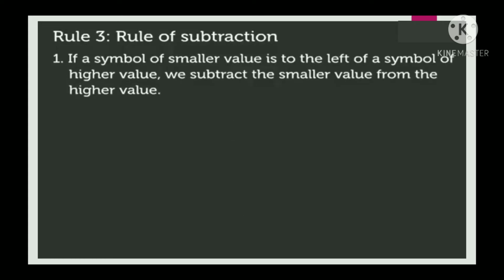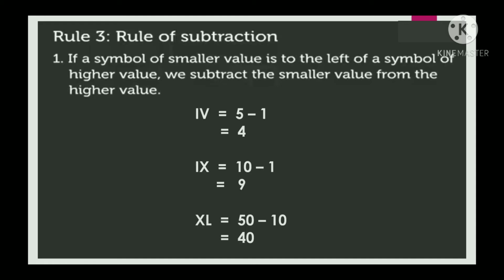Now, finally, we can discuss third rule, which is rule of subtraction. In this one, first one is if a symbol of smaller value is to the left of the symbol of higher value, we subtract the smaller value from the higher value. For example, take a number IV.